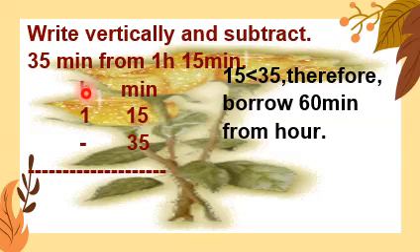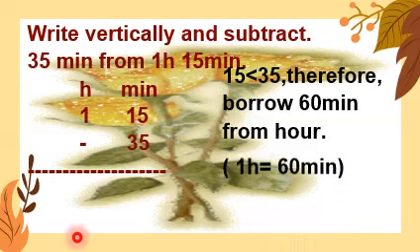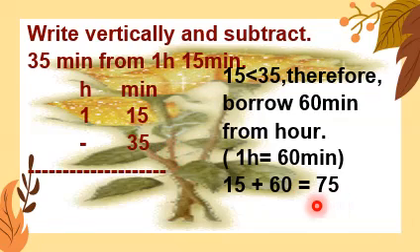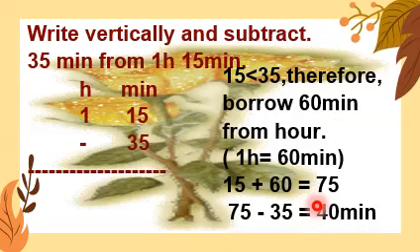When we borrow 1 hour, it means we borrow 60 minutes. So 15 plus 60 is equal to 75. Now we have to subtract 35 from 75. When we subtract 35 from 75, we get 40 minutes.